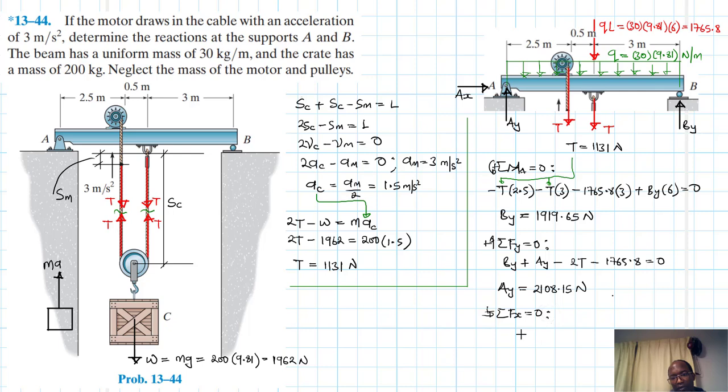Then finally we have summation of forces in the x direction. What do we have? Of course, AX there is just equal to 0. There we go. So we have BY, we have AY, we have AX.